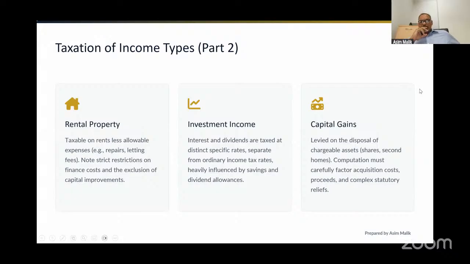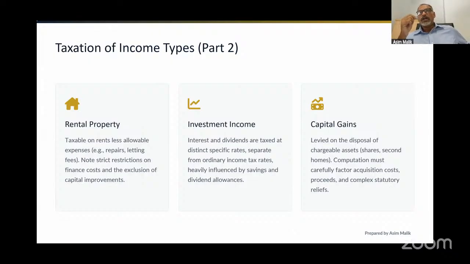Rental income is another example, which is quite common. Now, what you need to be aware of is that employment income and self-employment income are taxed on an accruals basis, while rental income is taxed on a cash basis. So is the investment income.